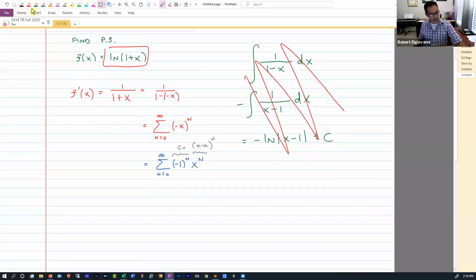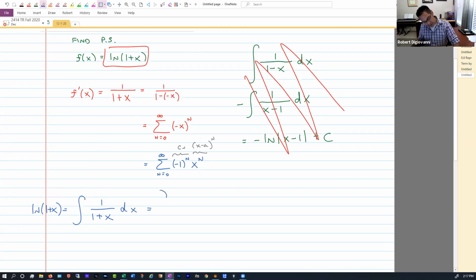So what we can say is this: the original function, natural log of 1 plus x, okay, that's the original function right here, is equal to the antiderivative of 1 over 1 plus x, because this is the derivative of that.